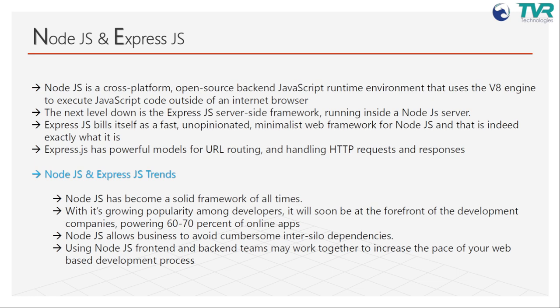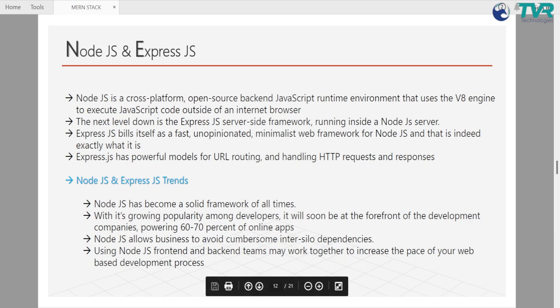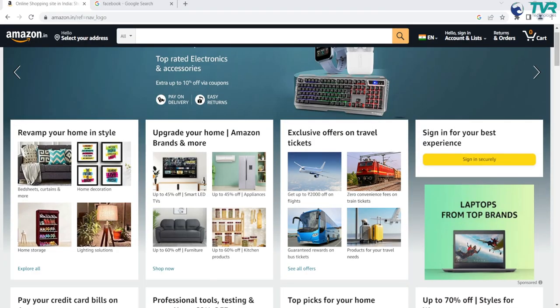In the browsers, whenever you go to a website like Amazon or Facebook, you immediately see the images and the HTML or whatever it is.